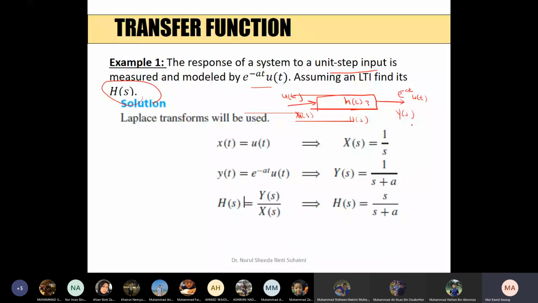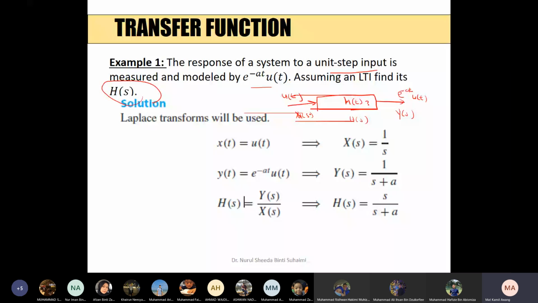So X of s is actually the Laplace transform of x of t. Because we use x of t convolved with h of t is equal to y of t.